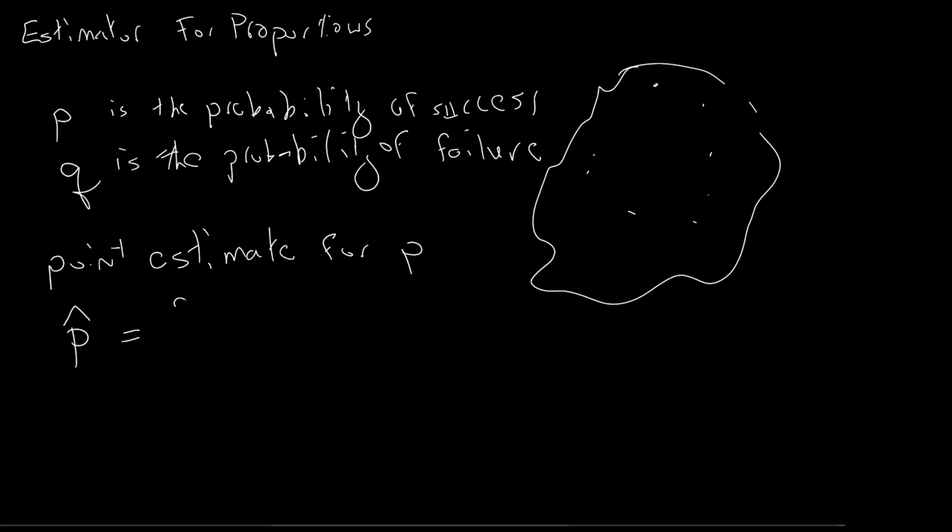That's the number of the thing in our sample divided by the number of samples. And so this is the relative frequency of the statistic that we were measuring. Parameters are in populations, statistics are in samples.